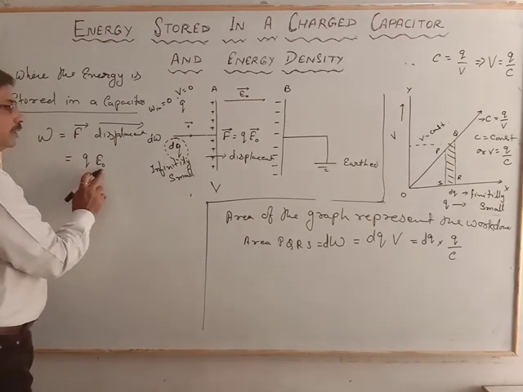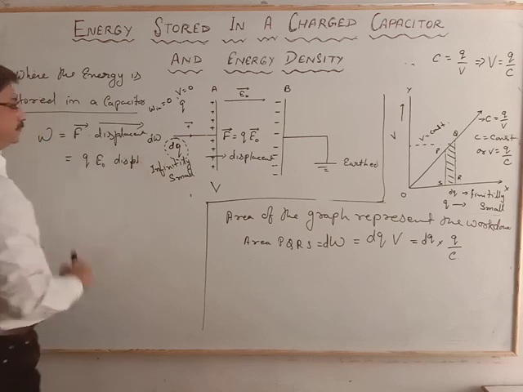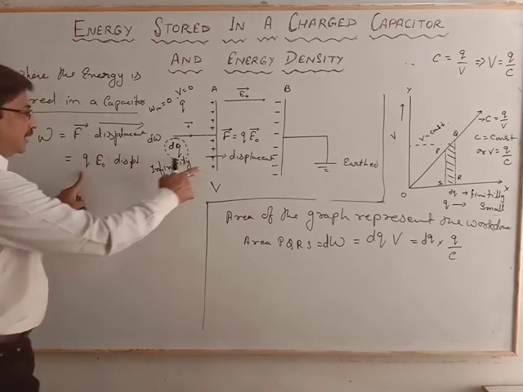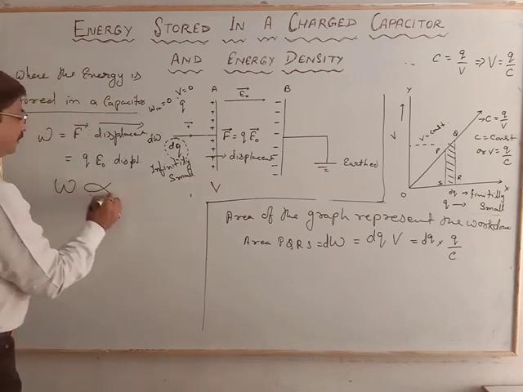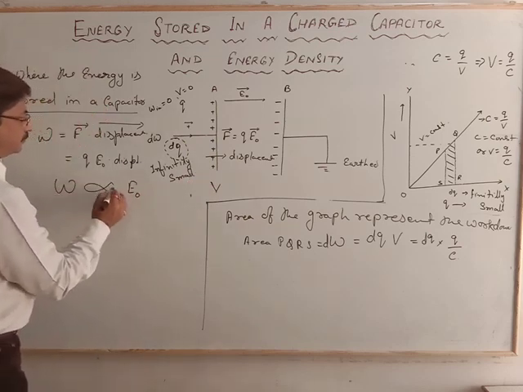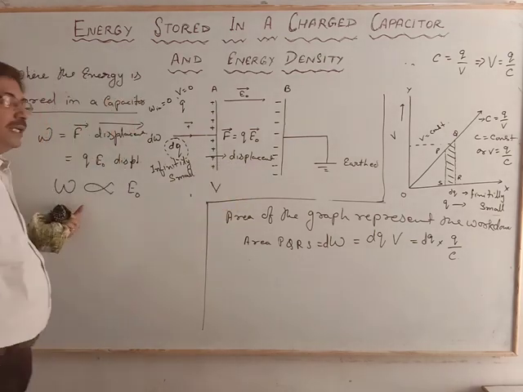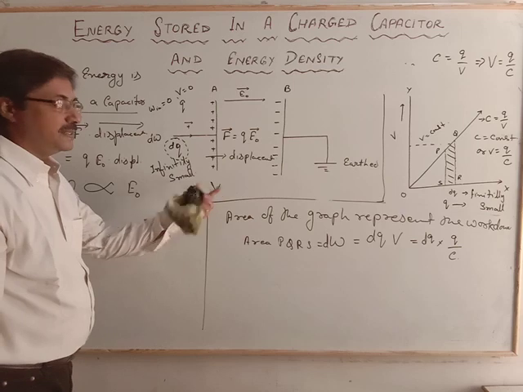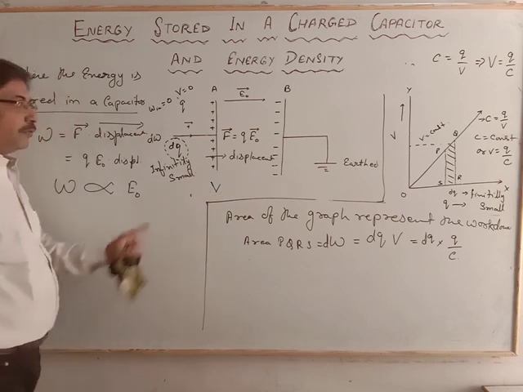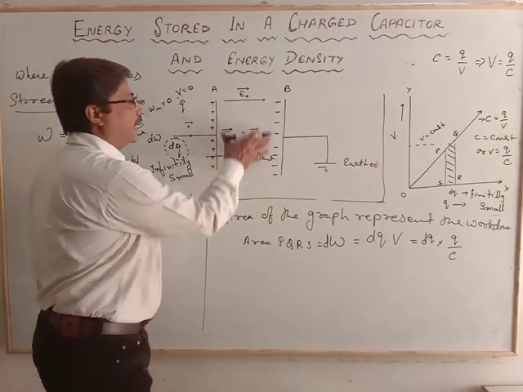Q and E naught are constant factors, and the displacement may be whatever. So work is related with the electric field. That much is the work to be done for bringing the charge to the plate up to its maximum potential. So where is the energy stored? The energy is stored in the region of the electric field.